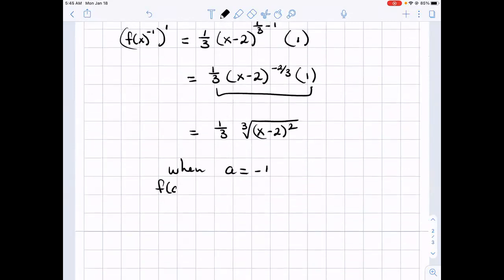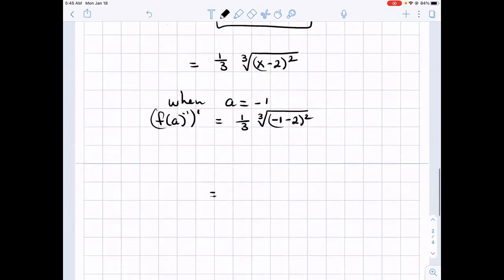So f inverse prime of a would be 1/3 times the cube root of minus 1 minus 2 squared, which is 1/3 the cube root of minus 3 squared.